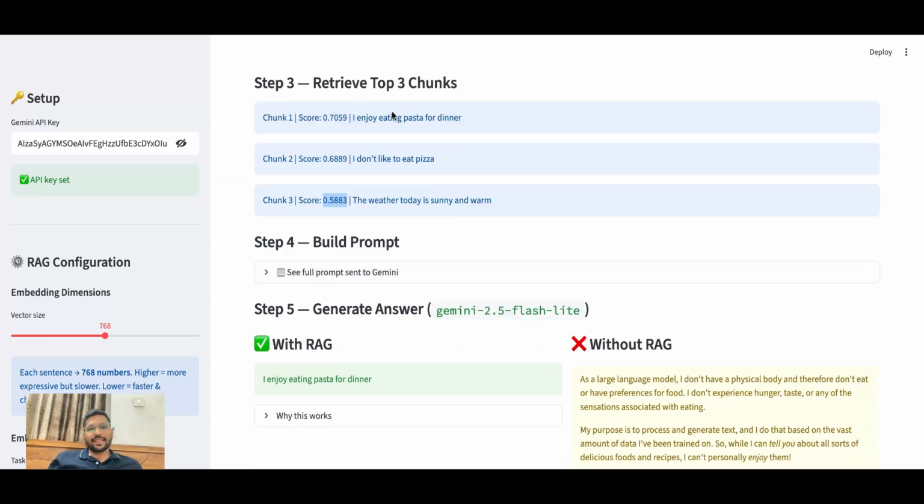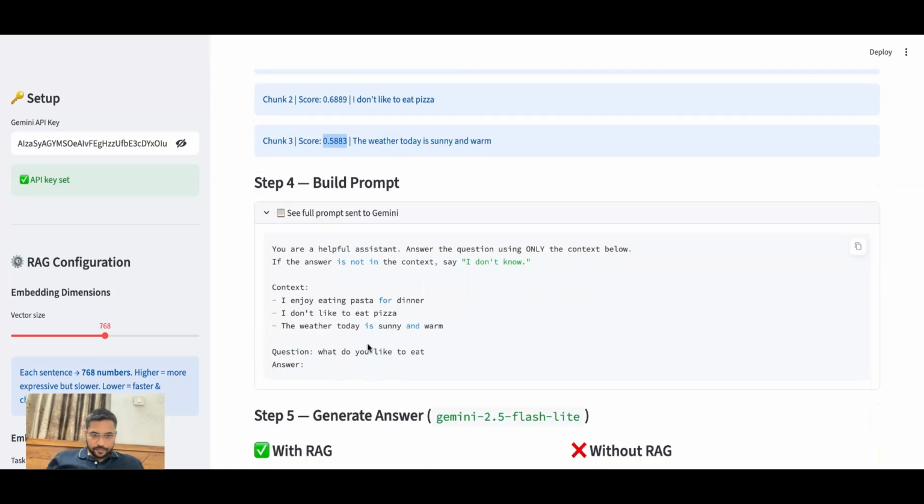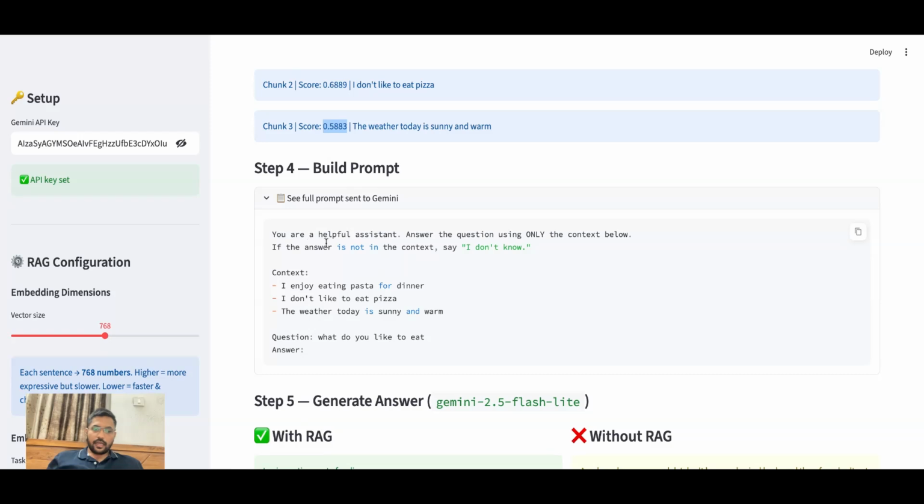Okay, with this data which we retrieved from the vector database, we will create one prompt for our actual LLM. For the LLM we will create a prompt like: you are a helpful assistant, answer the question using only the context below. If the answer is not in the context, say I don't know.